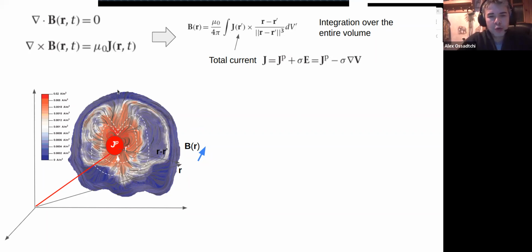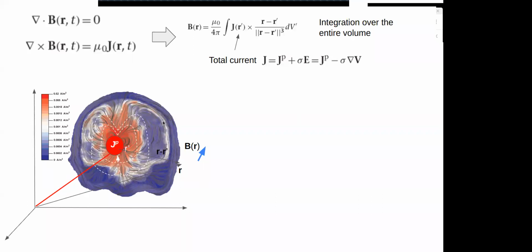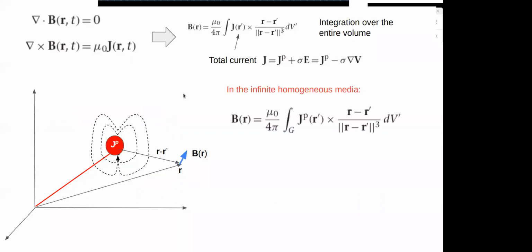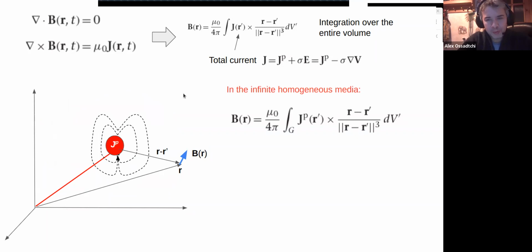So the integration is over the entire volume where the currents are flowing. But if you consider infinite homogeneous media, then you do this integration in the infinite homogeneous media, you go to infinity, you integrate to infinity.